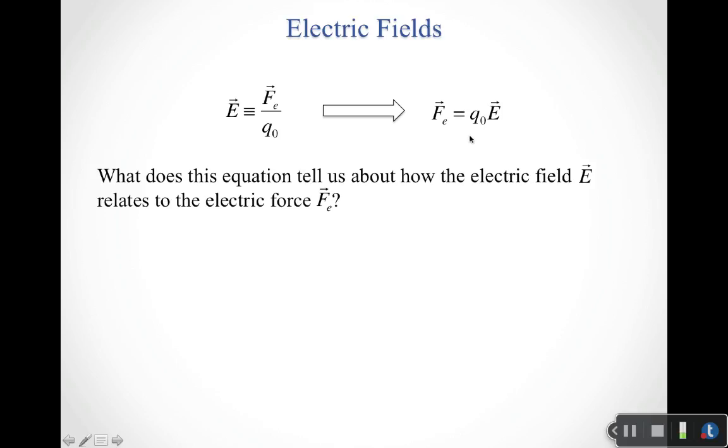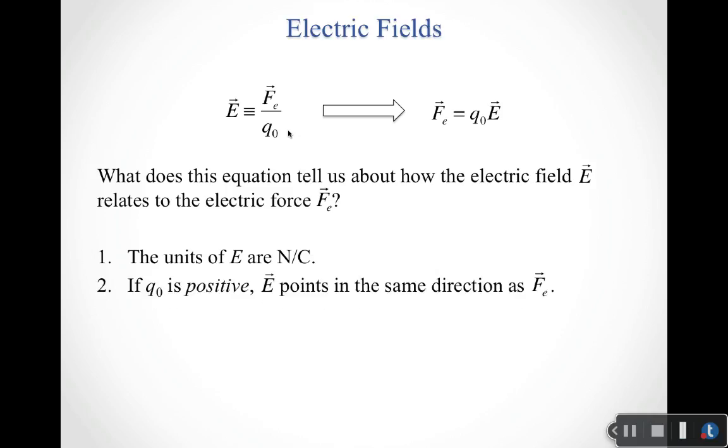So what does this tell us about how these two things relate? Let's start with the most basic. The easy thing to do is to read this equation and say that the units of the electric field have got to be units of force divided by units of charge, so that's newtons per coulomb. That's one way we can write the units of the electric field. This equation also tells us that anytime you take a vector and multiply it by a positive number, you can change its magnitude, but you don't change its direction.